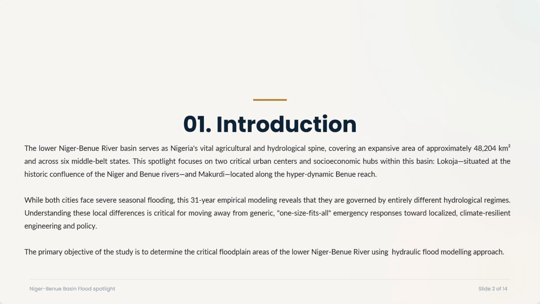Using high-resolution FABDEM digital elevation model and roughly 3 decades of HEC-RAS simulation data from hydrological sensors, this study introduces a vulnerability to capacity metric that shows how human actions have permanently reduced the natural floodplain capacity across the African river.